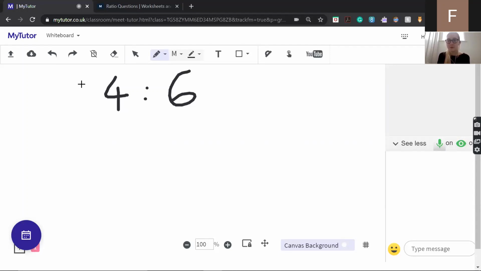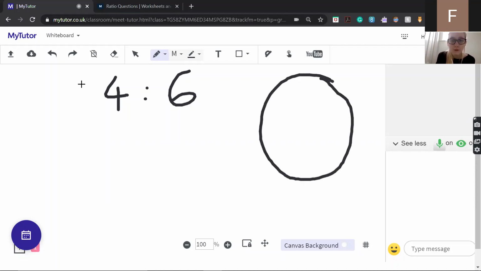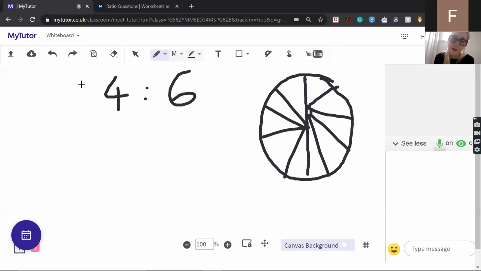So for example, we could have a cake that is split like this. Oh gosh, if you just want to pretend that these are even, that's so bad, right? Those are 10 slices, right?